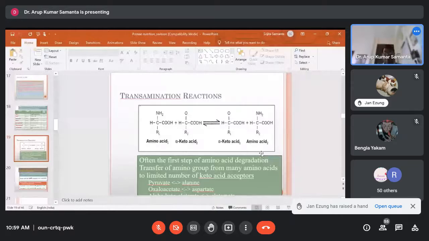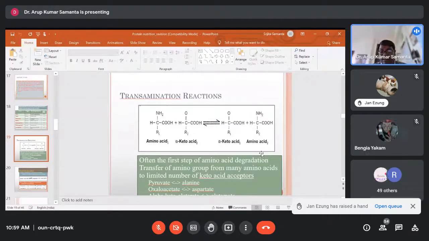Transamination is the transfer of amino group. And here the frequently asked question is what are the two important amino acids which do not take part in transamination reactions? These are lysine and threonine. They do not take part in transamination reaction. You have to remember these things.